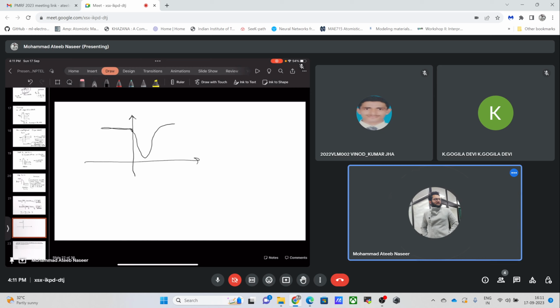This shouldn't be like this, it should be like this. Okay, this is for low frequency.